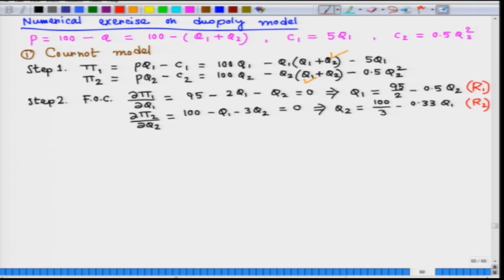Okay. Now we move on to step 3, and in step 3 let me tell you that this is an optional one.